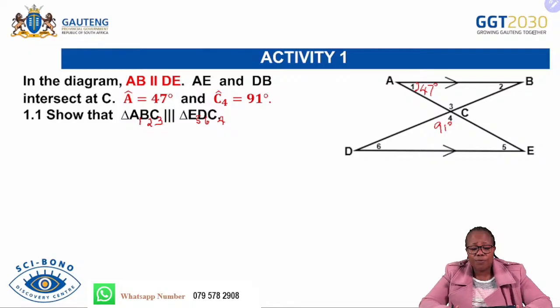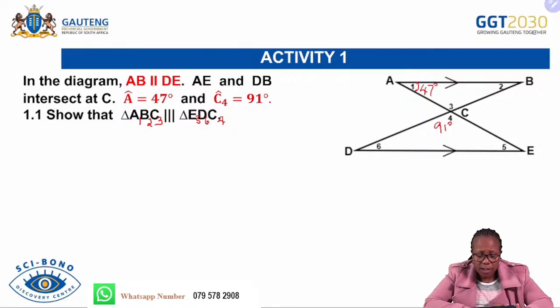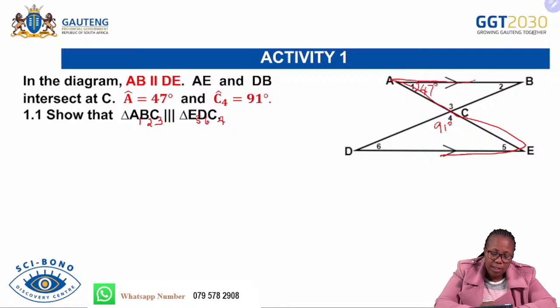Yours is to find out if you can equalize those angles according to the sequence given to you. Is angle A1 equal to E5? What is the reason? Yes, can you see that Z shape? Therefore, they are alternating. So the first condition, angle A1 is equal to angle E5.